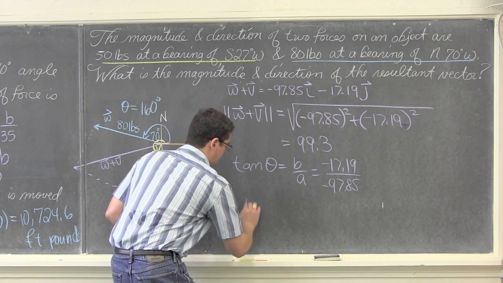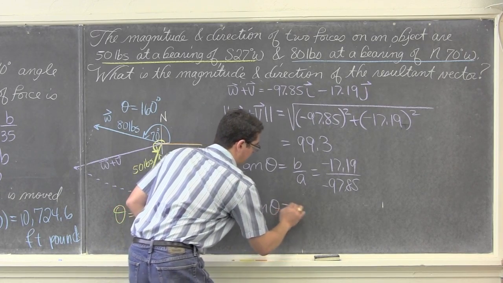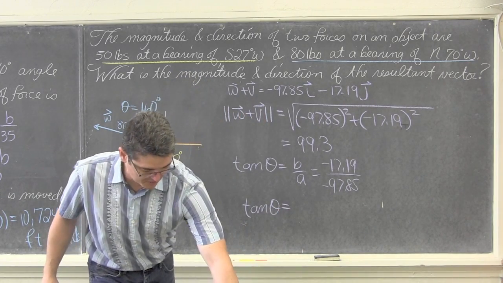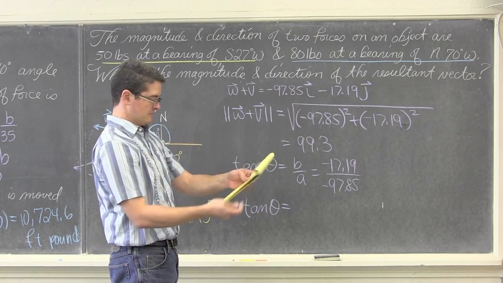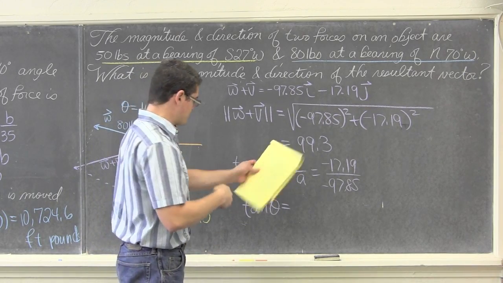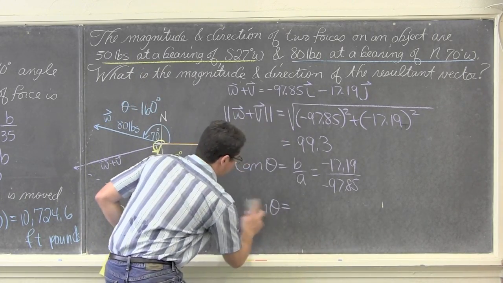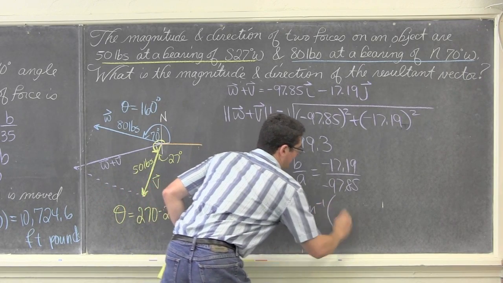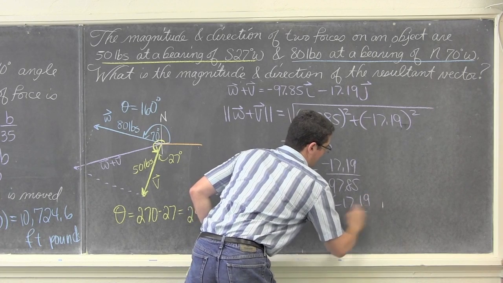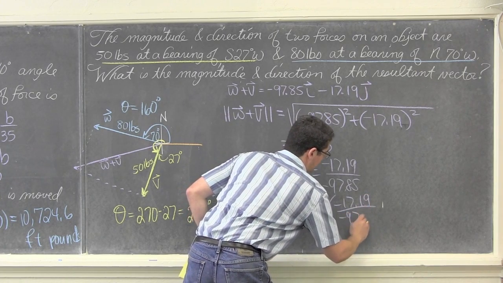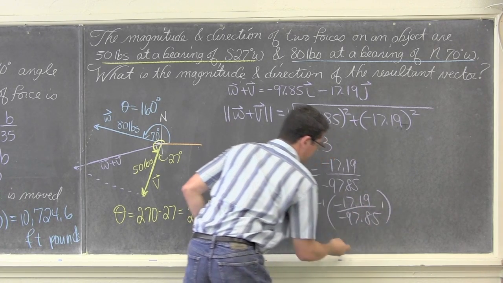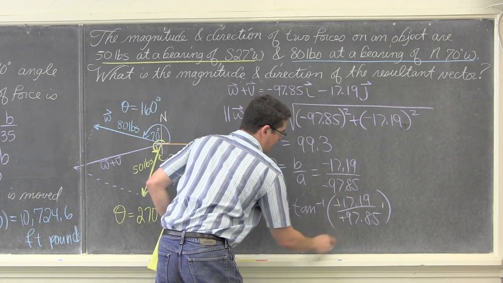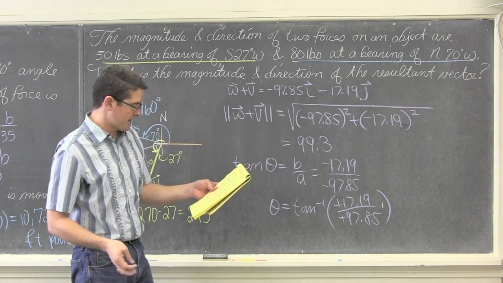That is the tangent of theta is equal to, well, how about we just do this? Theta is equal to the inverse tangent of negative 17.19 over negative 97.85.